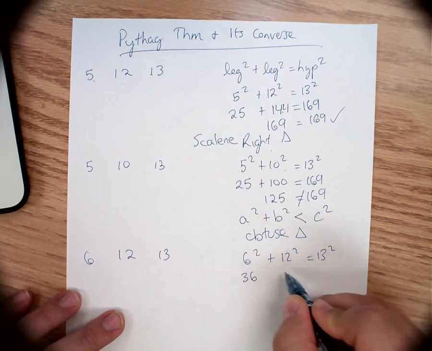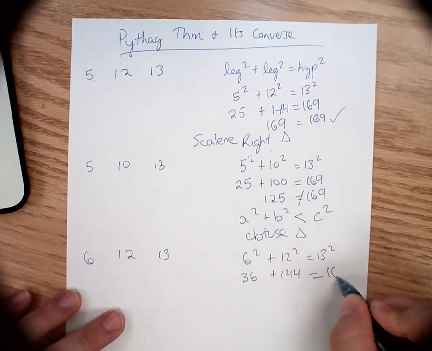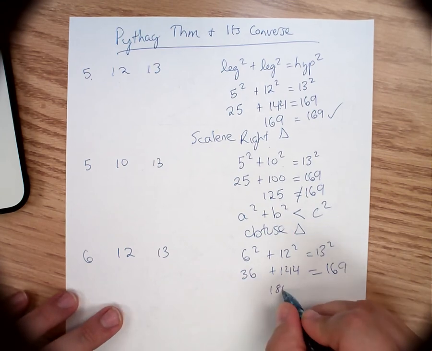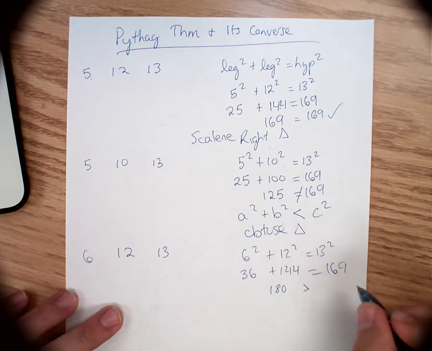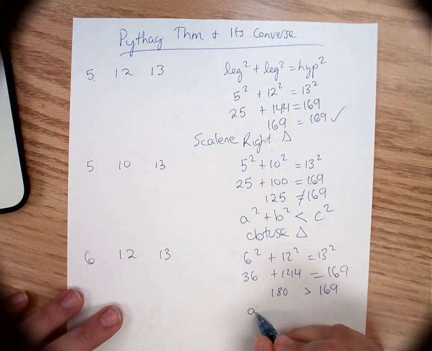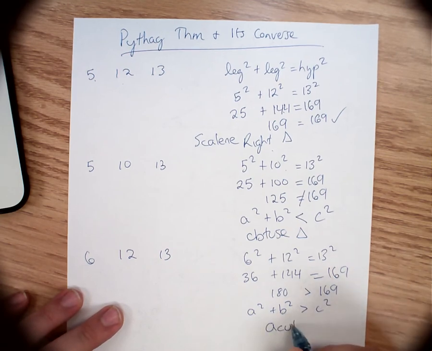So I have 36 plus 144 equals 169. Okay, so I believe that'll give me 180, and that is greater than 169. So in this case, if our a squared plus b squared is greater than our hypotenuse squared, we have an acute triangle.